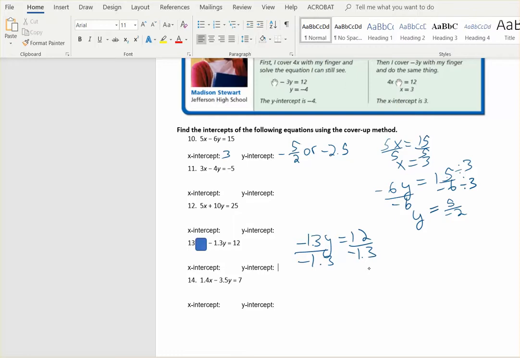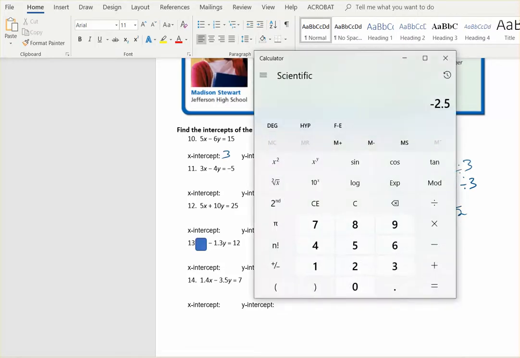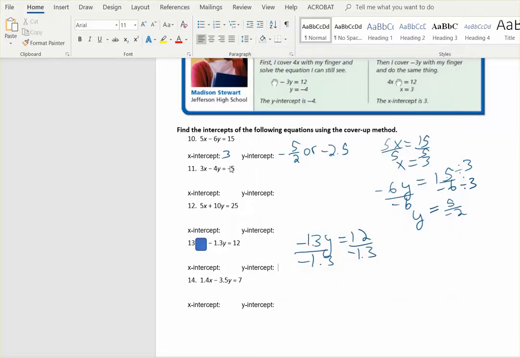And for that, I certainly would get my calculator out and have 12 divided by negative 1.3. And see all those decimals? What I'm saying is don't just call this negative 9.2. Let's call this negative 9.23 because the digit after that is 0. So negative 9.23. Was that the y-intercept?